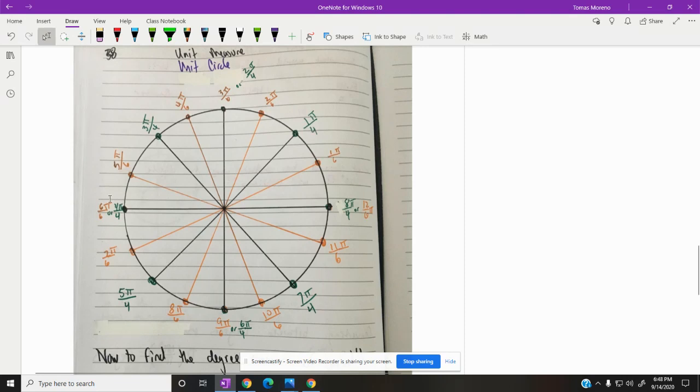Let's just bear with me real quick. Looking at the top half, this little sector in orange, the oranges go with each other. This little sector would be considered the radian.